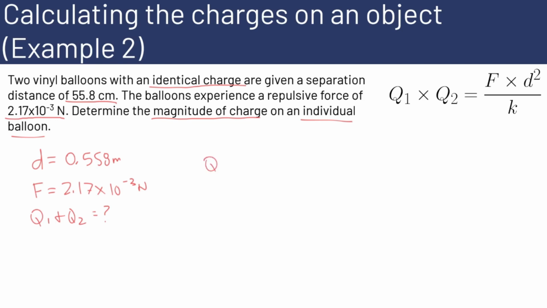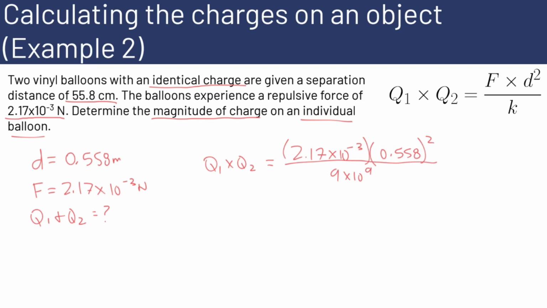So we have Q1 times Q2 is equal to our force, which is 2.17 times 10 to the minus 3 times our distance, which is 0.558. We're going to square that, divided by k, which is 9 times 10 to the 9th.